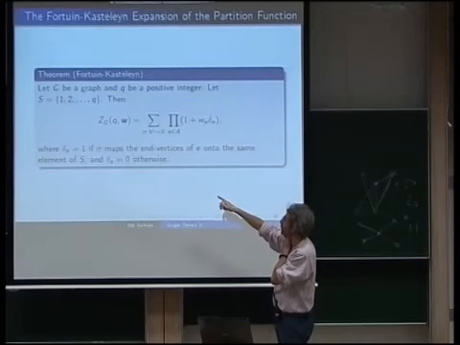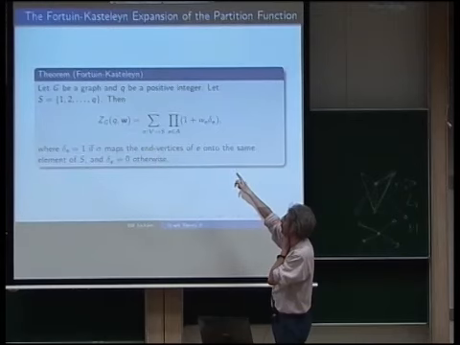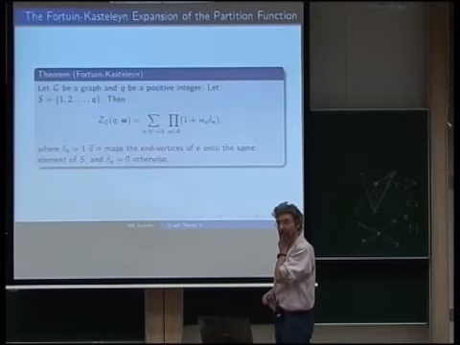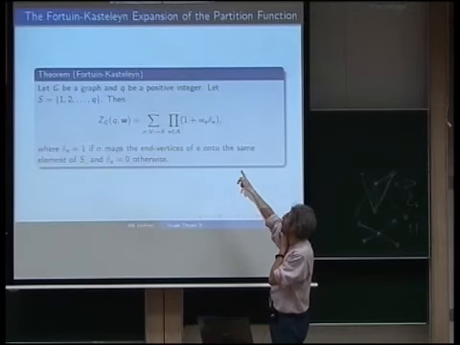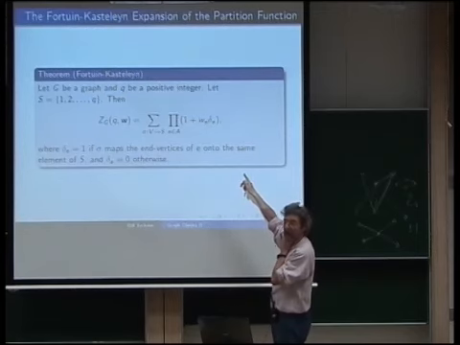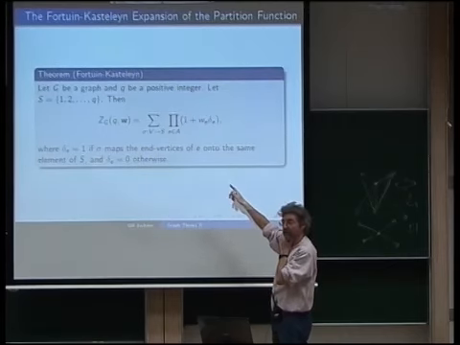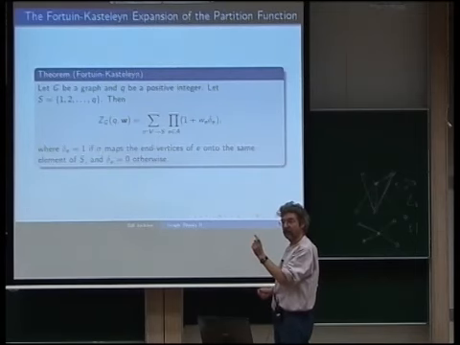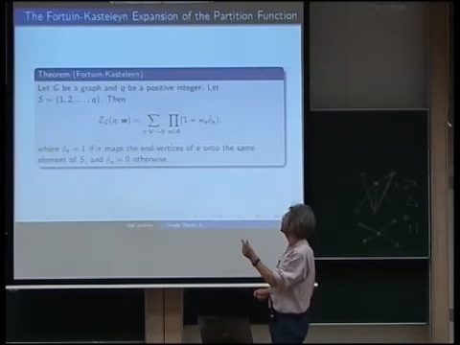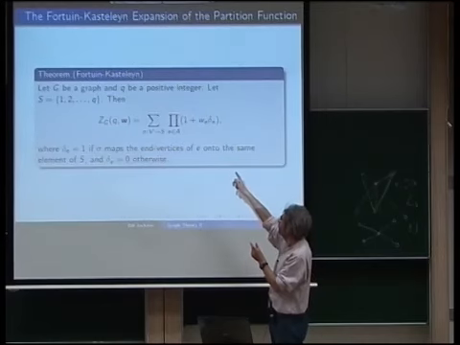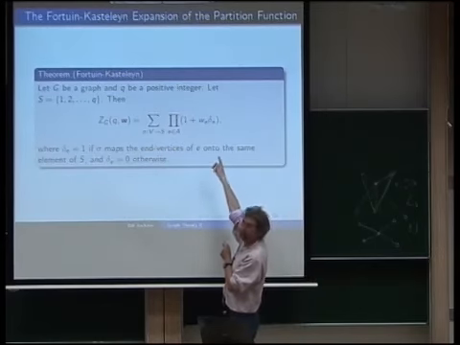And if they get different colors, then we just get weight 1. So if we put w_A equal to -1 for all edges, then this is just counting the number of proper q vertex colorings. Because if the end vertices of some edge get the same color, then the thing in the last bracket will be 0.